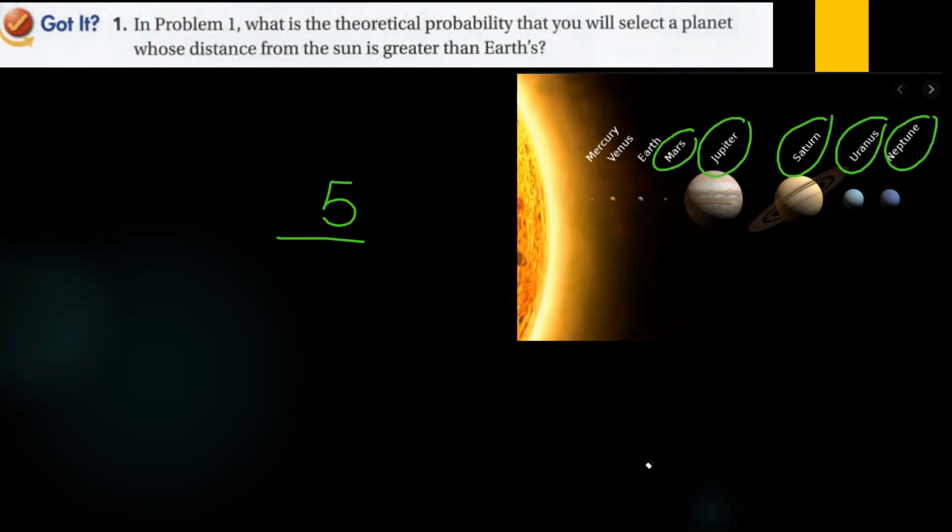Now, the probability is the number of possible outcomes over the number of all possible outcomes. What is the total number of planets? They are 8. So you have to say 5 over 8. Is it clear? Yes, teacher. But teacher, what's the final answer? 5 over 8? Yes, 5 over 8.